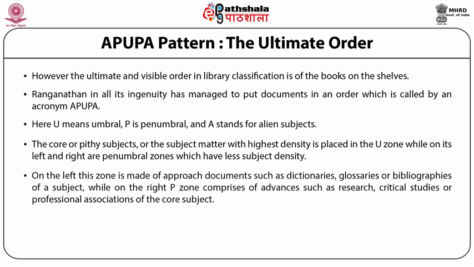On the left, this zone is made of approach documents such as dictionaries, glossaries, or bibliographies of the subject, while on the right of U, the penumbral zone comprises advances such as research, critical studies, or professional associations of the core subject. These are meant for the advanced learners.